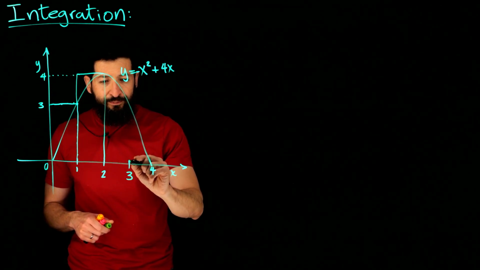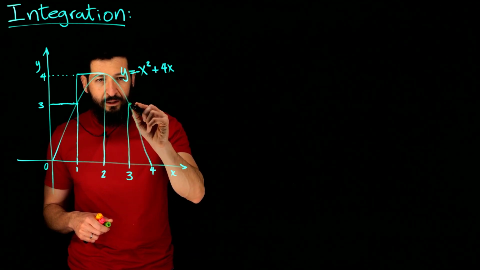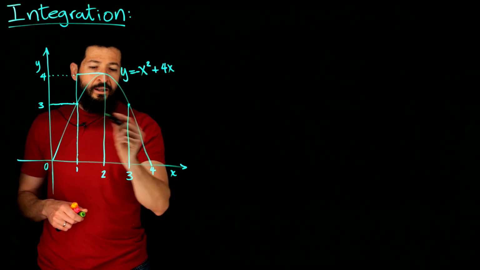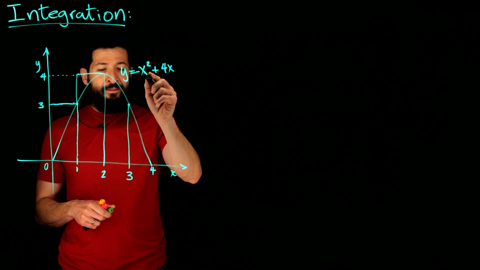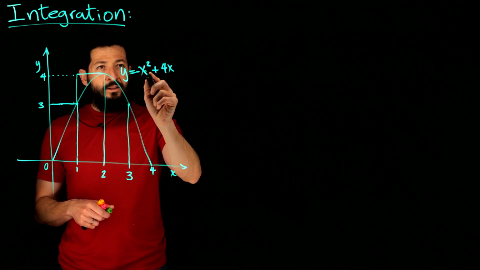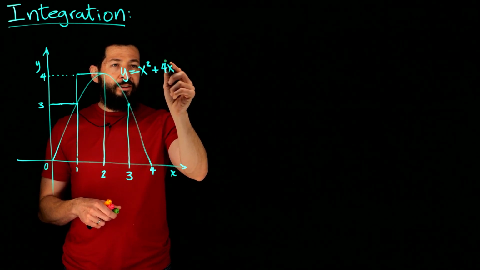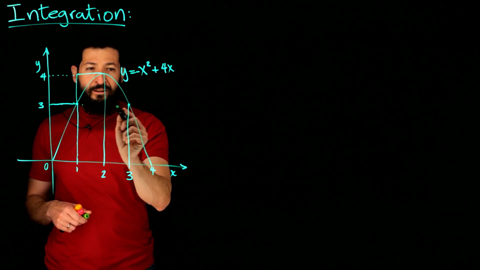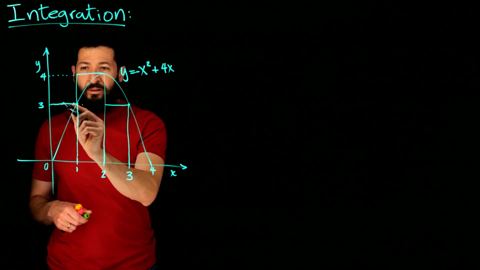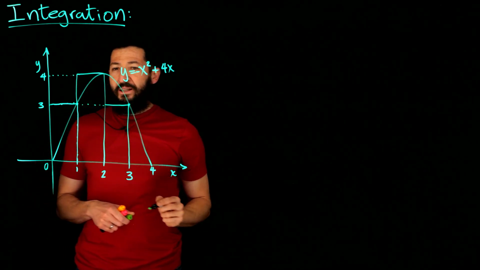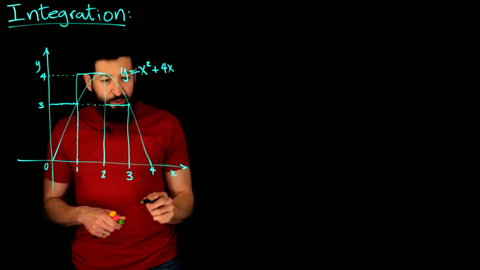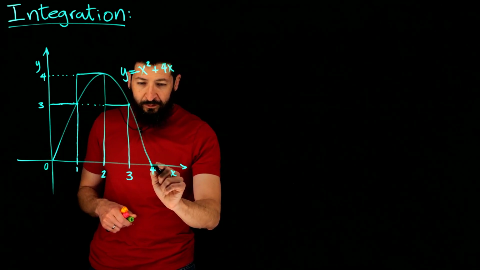Then here, when you plug in 3, you're going to get negative 3 squared. So 3 squared is negative 9, and then plus 12. So it's going to be 3 again. The graph was not too bad. And then at 4, you would get the value of 0.